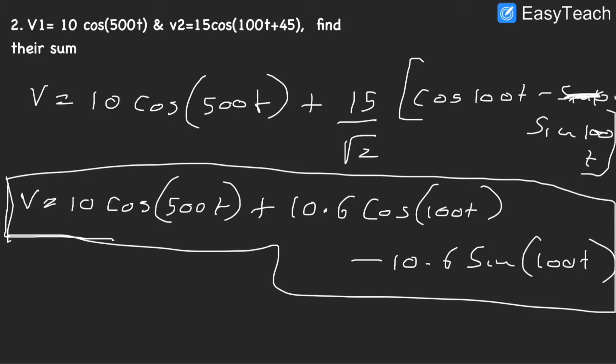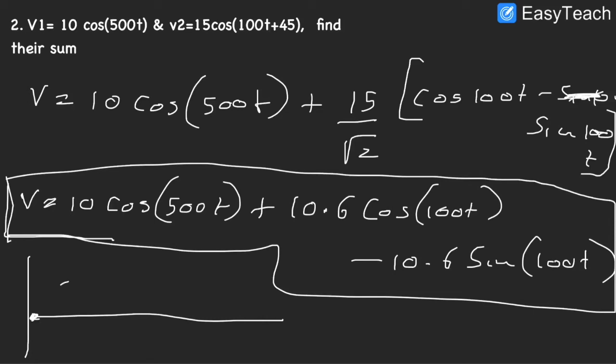The way to find the resulting waveform, I'm just going to quickly show you, I'm not going to do it exactly, is you substitute different values of t and then solve the entire equation. And then you would get different values of magnitude and you can plot the wave.